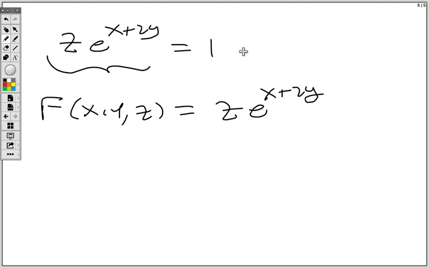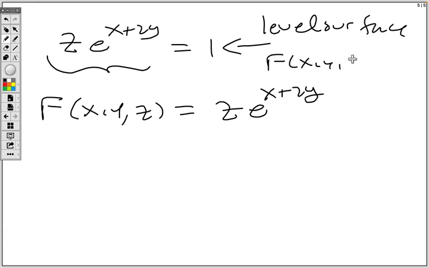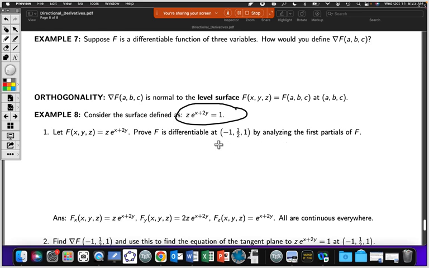So I can think of this as a level surface f of x, y, z equals 1. Right? And so if I wanted the tangent plane, it says, well, prove f is differentiable by analyzing the first partials of f. So we'll prove it's differentiable. That means it's locally linear, and then we'll find the tangent plane.